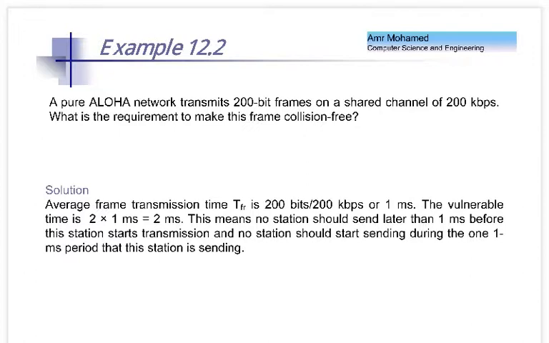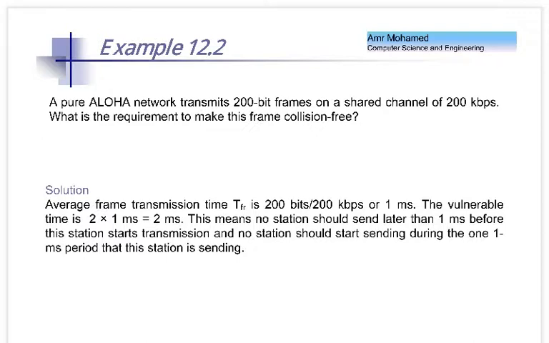In a pure Aloha network, each node can transmit a frame of a length 200 bits, and the medium is shared, and the medium itself has a bandwidth of 200 kilobits per second. So from those two values, we right away can calculate the transmission time.